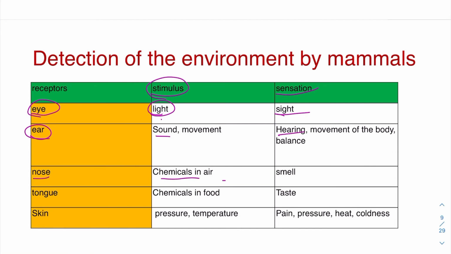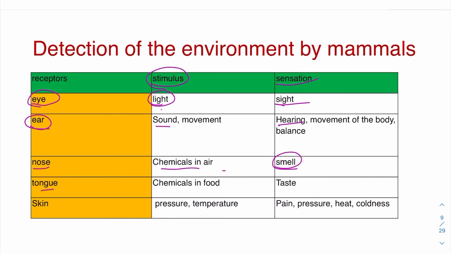The nose senses chemicals in the air, and the sensation is smell. Similarly, the tongue senses chemicals in the food, and the sensation is taste. The skin can sense pressure and temperature, and the sensation will be pain, pressure, heat, or coldness.